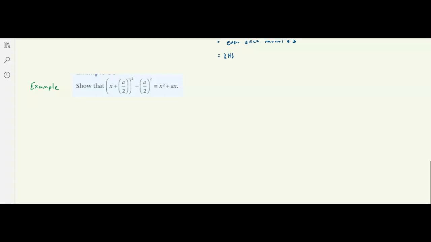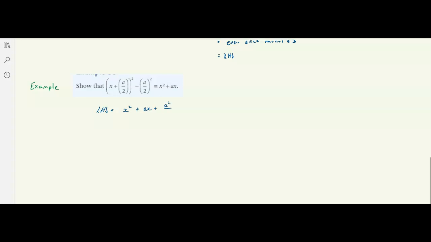So in this case, we've just got this fairly ugly bit of algebra here, and we need to simplify it. So we'll just say here that the left-hand side on expansion will equal x squared, and perhaps again it's better for you to pause the video and work ahead and then come back to this. x squared plus, I'm squaring this, so I've got twice the product of ax over 2, which is just going to be ax, and then the square of a over 2.